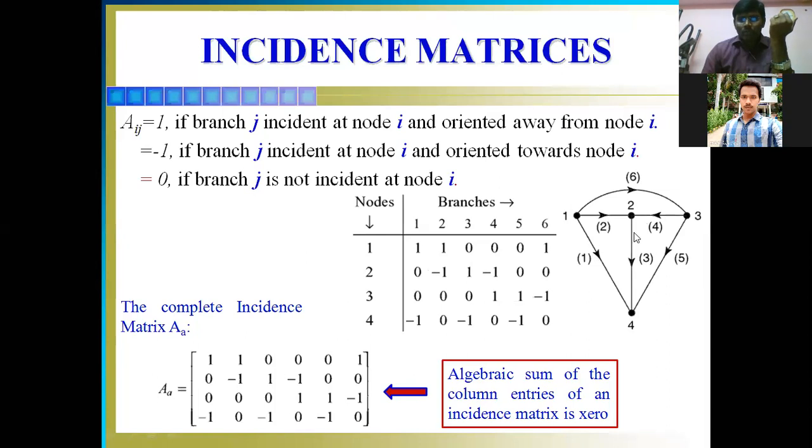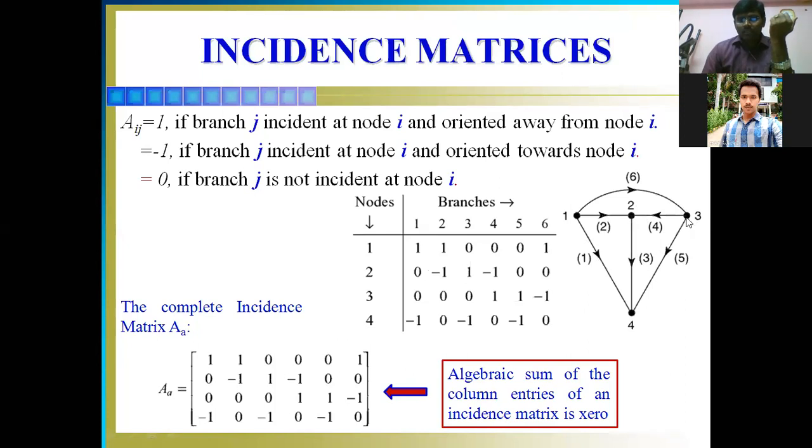Now come to node 3. For node 3, 5, 4, 6 are connected. For 4, the current is leaving, so third node, 4th element is +1.